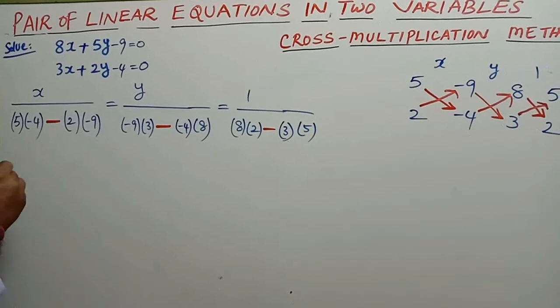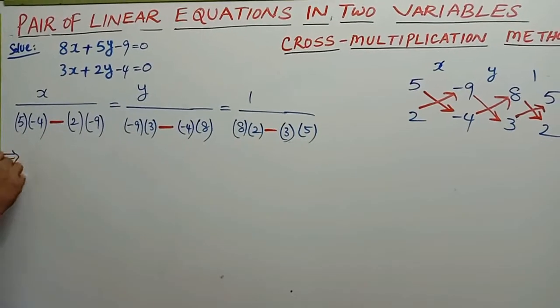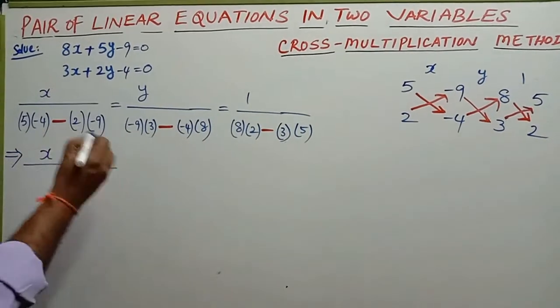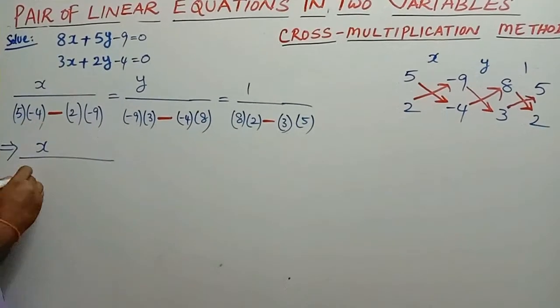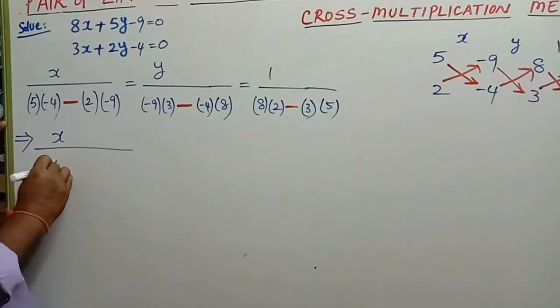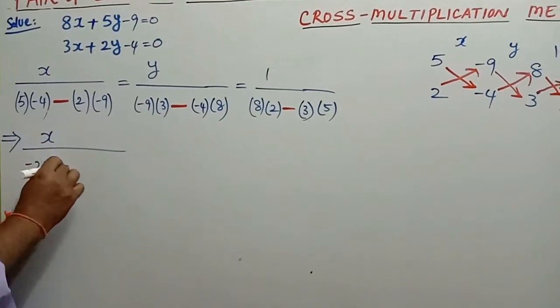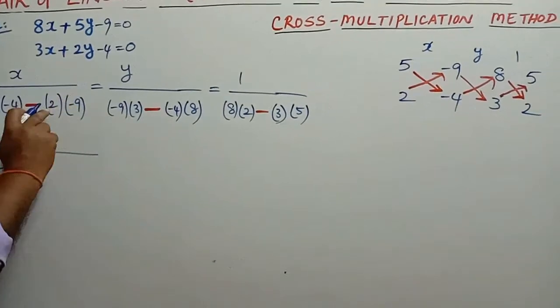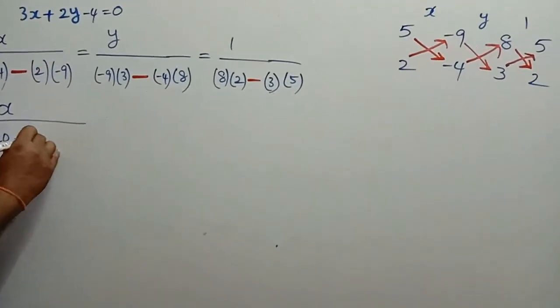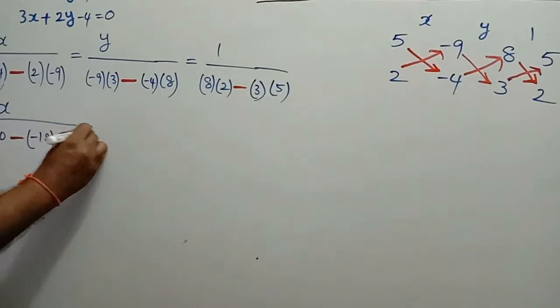Now simplification. That implies x by 5 fours are 20, but 5 into minus 4 is minus 20, minus 2 nines are 18, so 2 into minus 9 is minus 18.